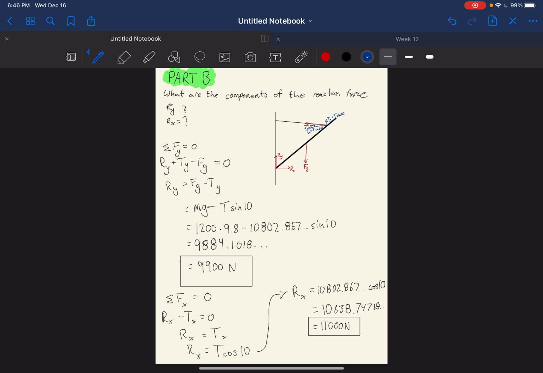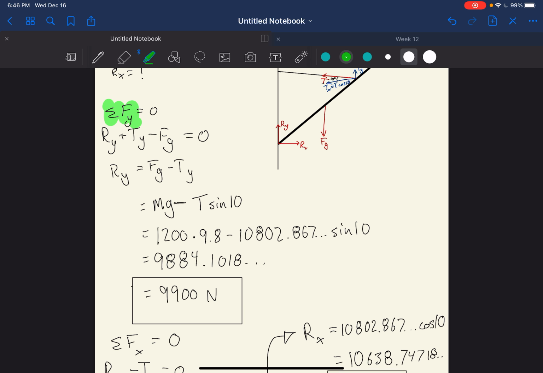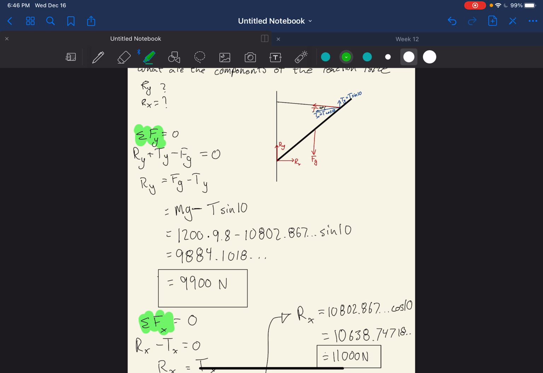Part B, we had to find the reaction force, so that's Rx and Ry. I chose to use this one, and then this one. So we know that Ry plus Ty minus Fg: Ry is up, Ty is up, and Fg is down, so that's equal to 0.